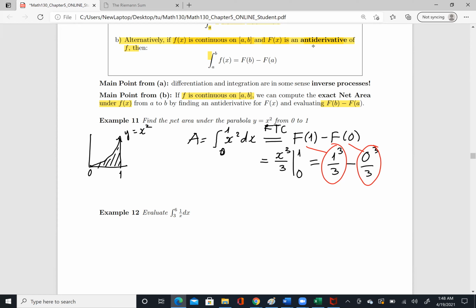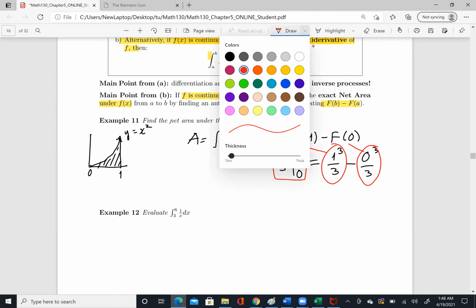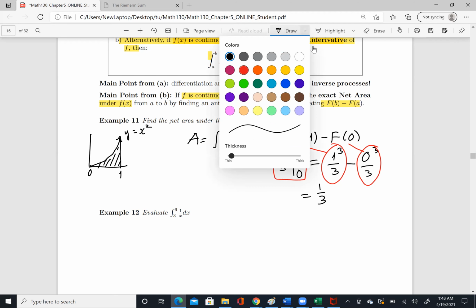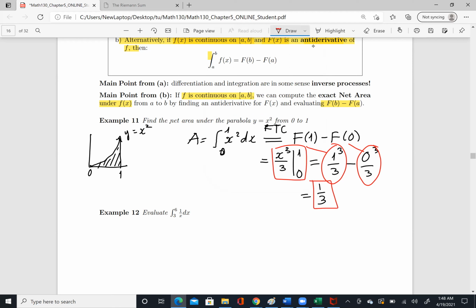But I can also write in this form, x cubed over 3 from 0 to 1. So now the answer will be equal to 1/3, and I will just circle this answer.